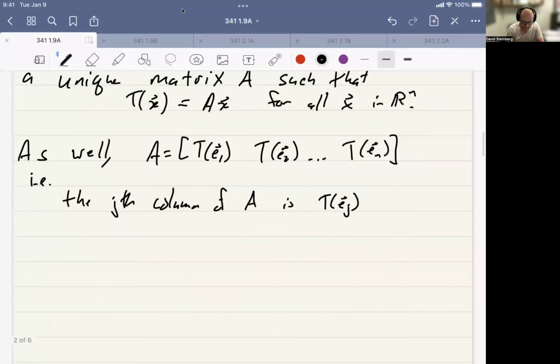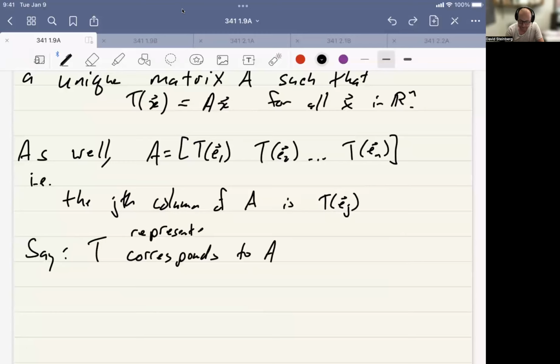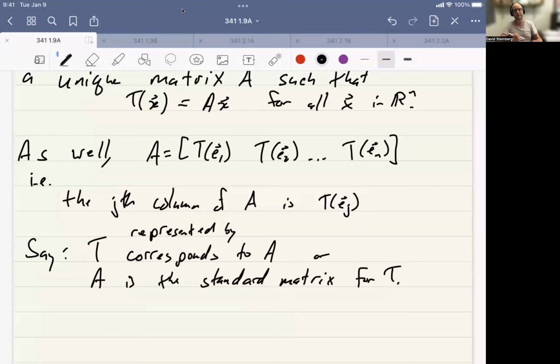Okay, and what do we say? We say T corresponds to A, or, depending on who you're talking to, T is represented by A, or you can say A is the standard matrix for T. And if you're wondering if there are other matrix representatives of T, like non-standard ones, the answer is yes.